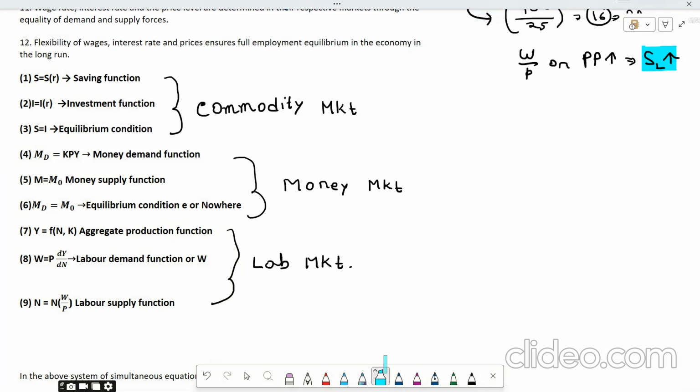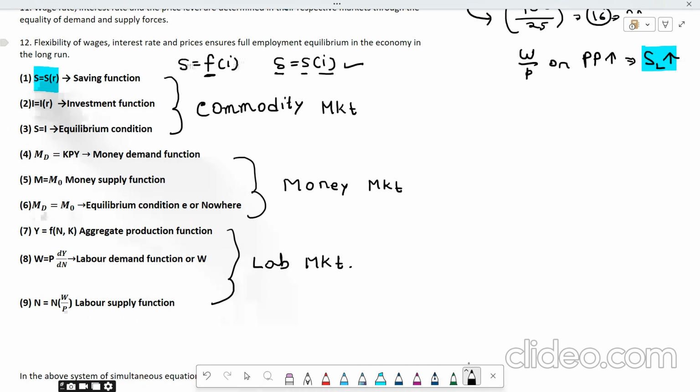If we first talk about the commodity market, there is a saving function, and we have already discussed that saving is a function of the rate of interest. I have written it in the form of saving is a function of I. This f is basically a symbol of function, but we can also use s as a symbol of function. So this also means saving is a function of interest rate.